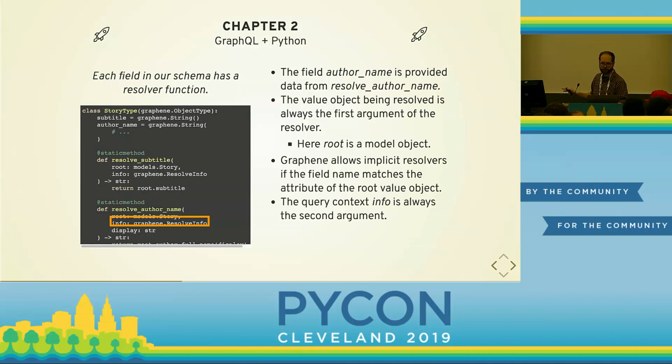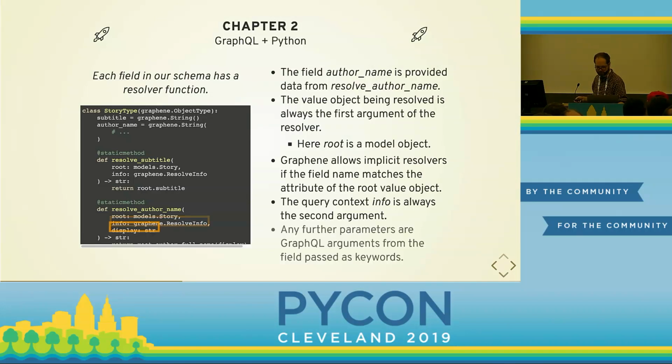We'll get into that a little bit later. You don't really need to worry about it until you have some more advanced use cases. Any further arguments that are passed into this function, like display for resolve author name, are from our GraphQL arguments on the field, passed as keywords. So any arguments on the author name will be passed as keyword arguments to resolve author name.